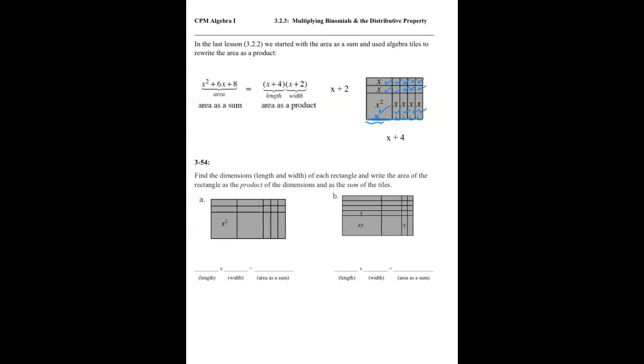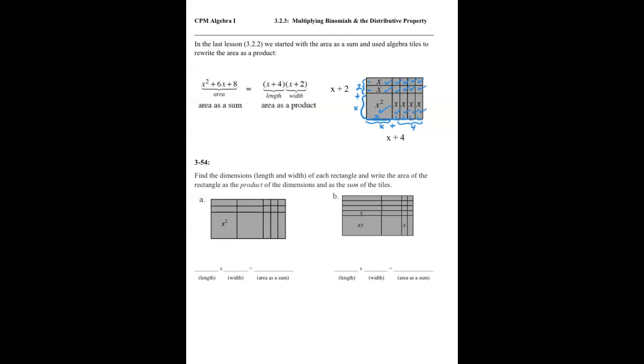So that's where we get the x plus the 4 units from. On the other dimension, again, this x squared tile is x units long, and each of these is 1 unit on a side, so that's where the plus 2 comes from, x plus 2.